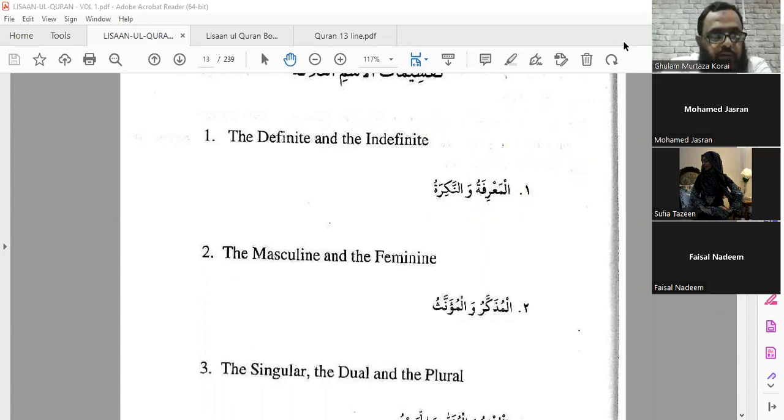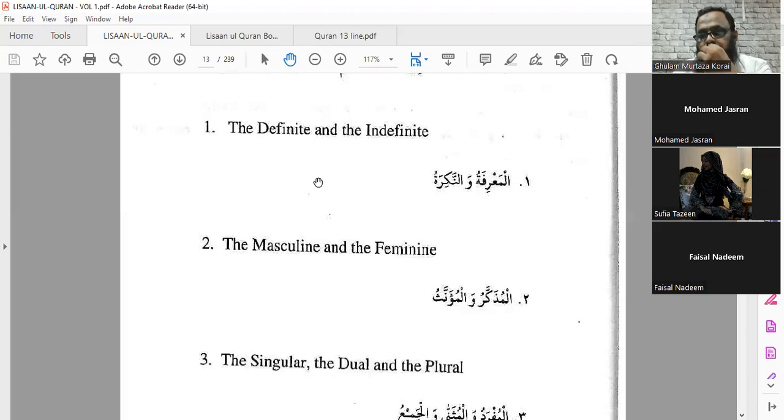So, brothers and sisters, as we were discussing noun and the classification of nouns, today we will discuss in detail the page in front of you that tells us that the noun has initially three classifications.